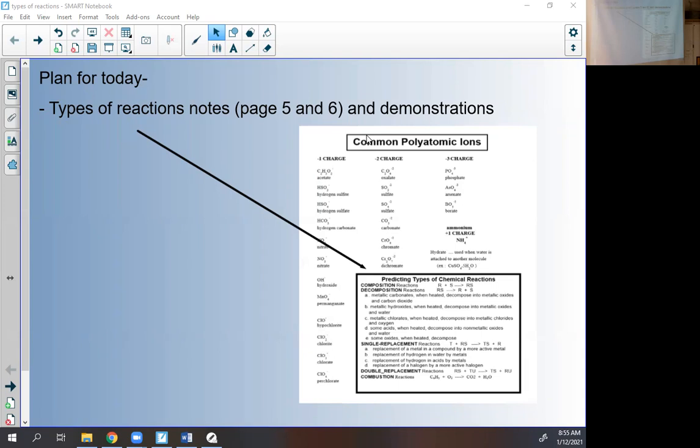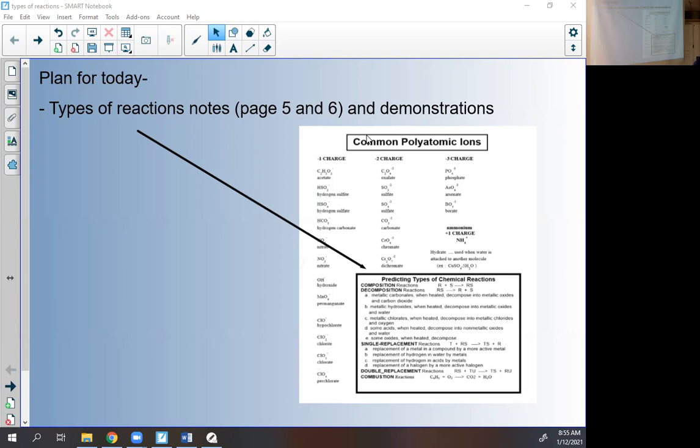Today's a little bit tricky. I want you to have page 5 available. Page 6, you're going to write stuff right here. So we're going to do notes on page 5. I'm going to do a bunch of demonstrations today and tomorrow, and on the bottom half of page 6 you record your observations.